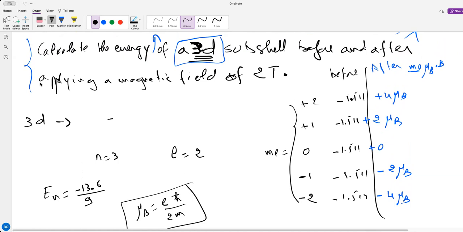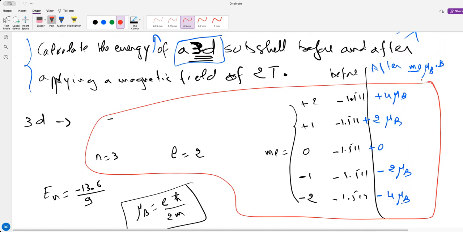So the subshell 3D is this one. The degeneracy for this one is 1, 2, 3, 4, 5 times 2. If you include the spin, it is 10. So that could be the question.